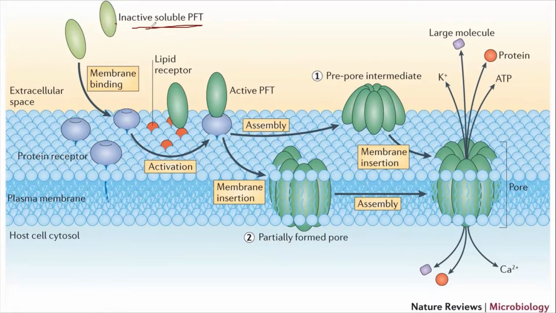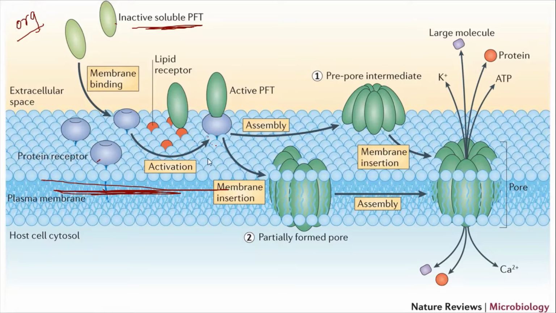These inactive PFTs are secreted by your organisms. They come and interact with the lipid rafts containing receptors of your host cell. This is the host membrane. The inactive soluble PFT binds to its protein receptor.